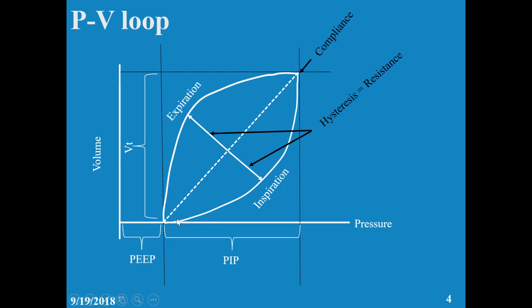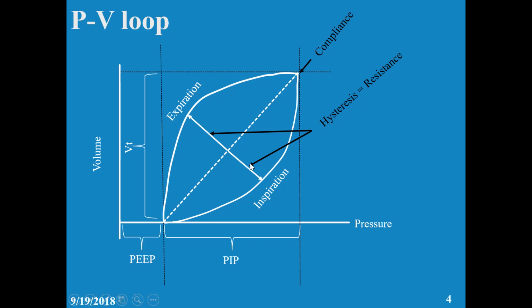Now, here is the difference of pressure over volume, and this limb or slope represents the compliance. When it goes down, that means decreased compliance. When it goes up, that means increased compliance. How?